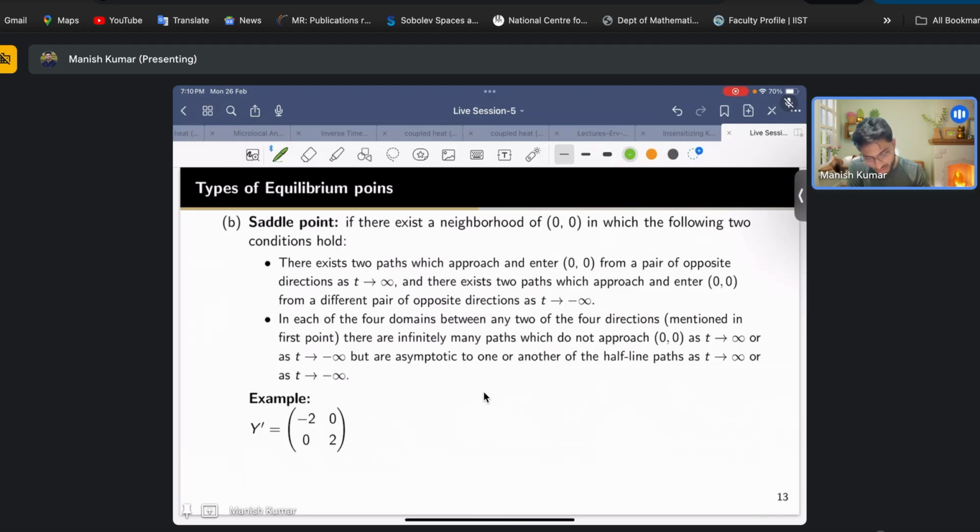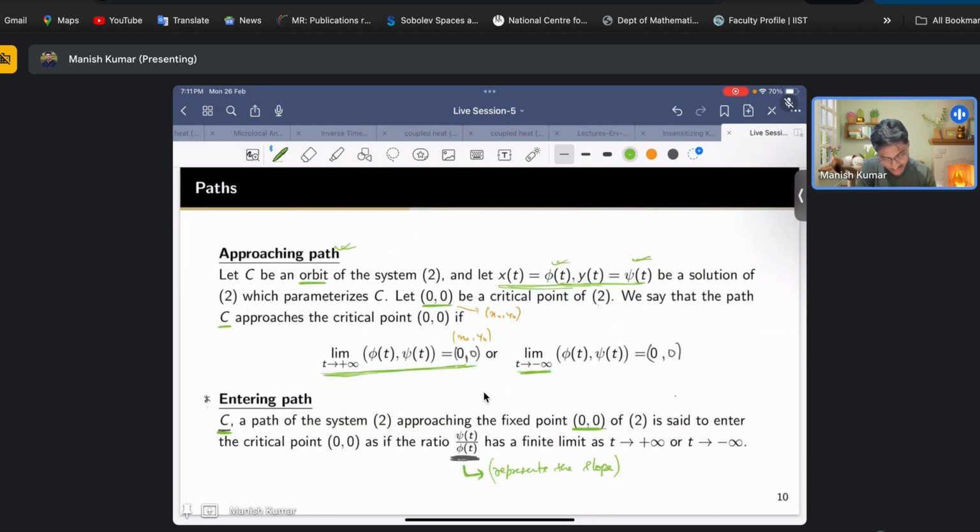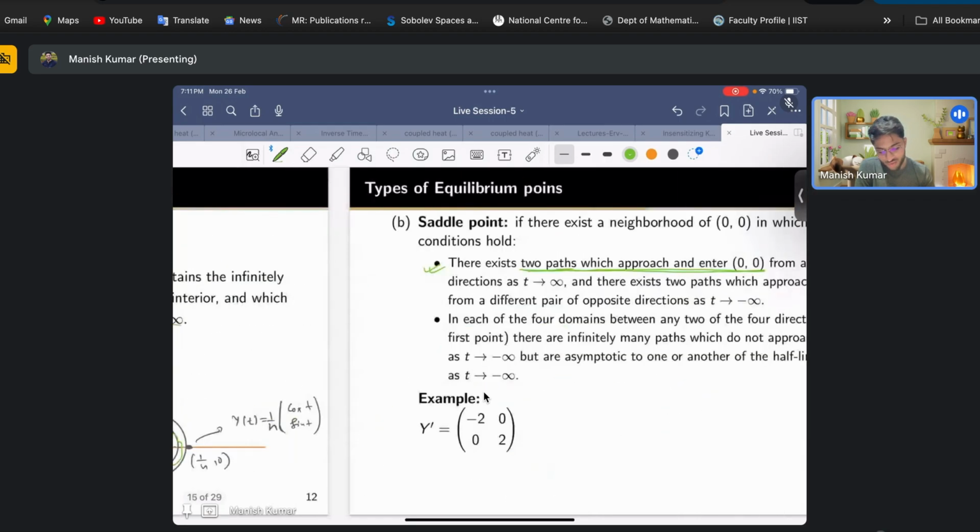A saddle point means there should exist two paths which approach and enter (0, 0). That means the path is an entering path corresponding to the equilibrium point (0, 0). Remember this definition. We have defined the entering path for (0, 0), but it can be done for any (x naught, y naught). Here we are talking about (0, 0).